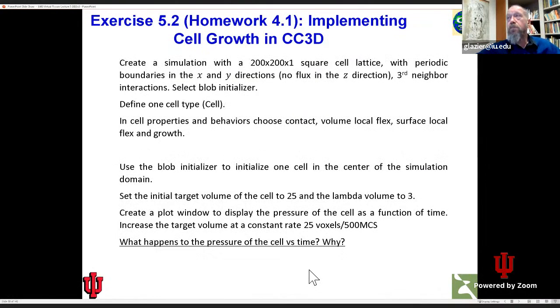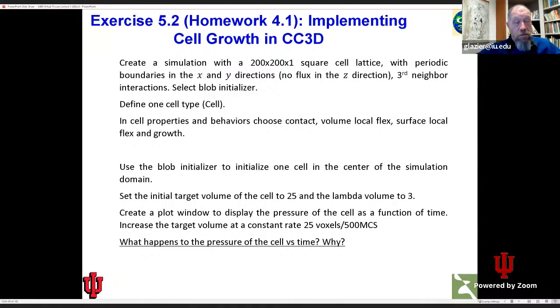So homework 4.1 started out by asking you to implement a cell growth simulation of this kind. And I'm going to ask people to do that together today, and we'll work up from that.